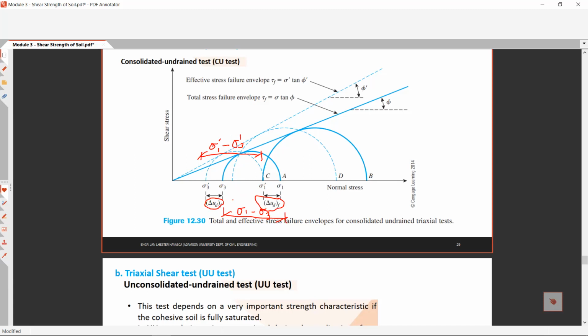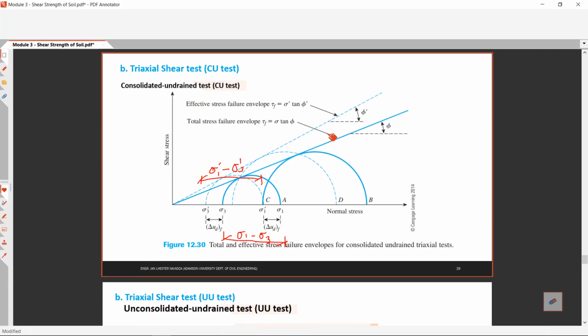consolidated undrained test. So this one is this graph, itong graph na to, solid blue line is the total stress failure envelope. So it's just simply tau equals sigma tangent phi, since no cohesion value at initial. So ito lang yung graph na yon.